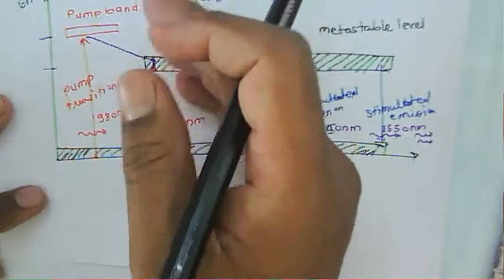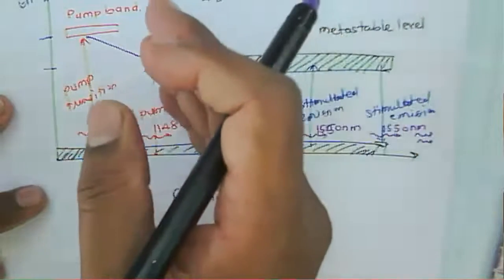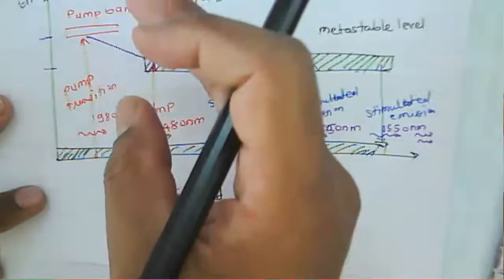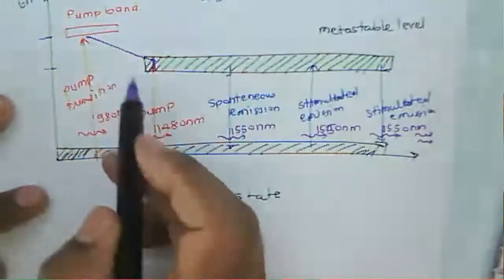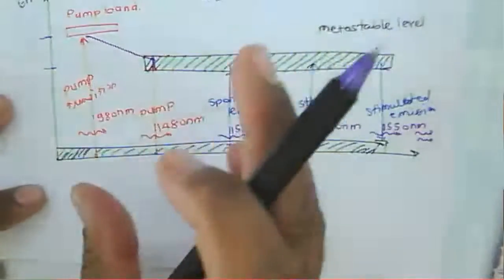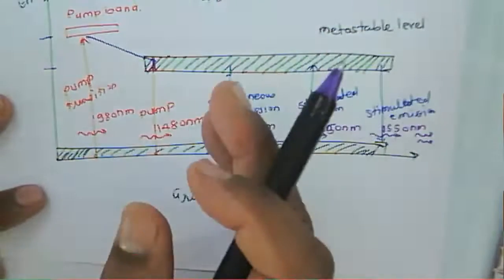So the excited electrons of those excited ions will populate the lower band, and that's why they will provide photons of energy.